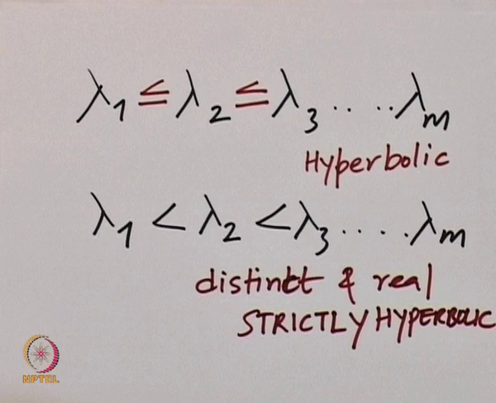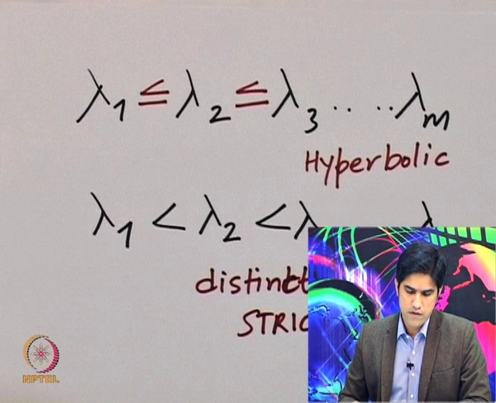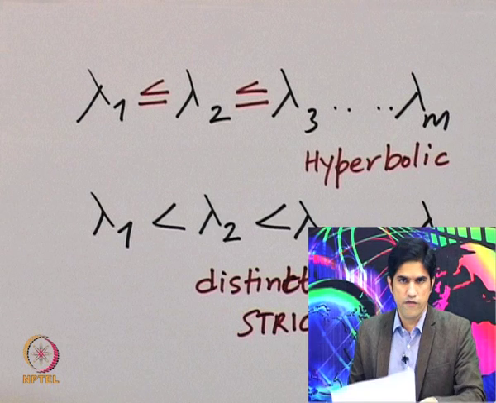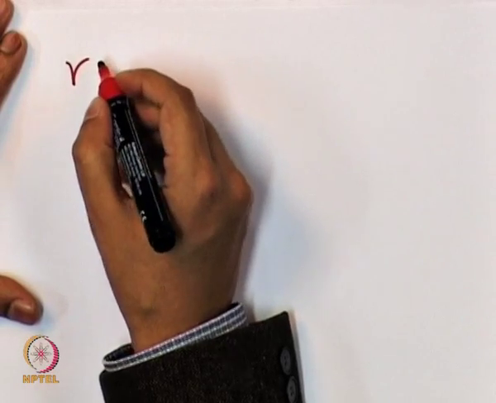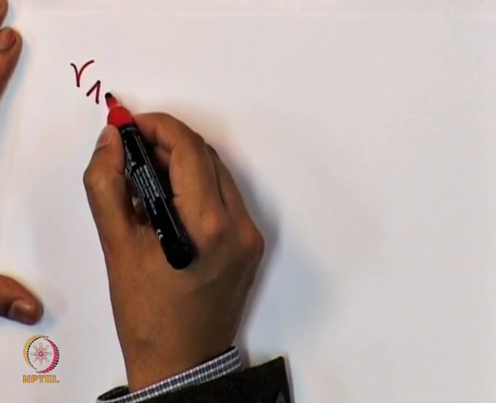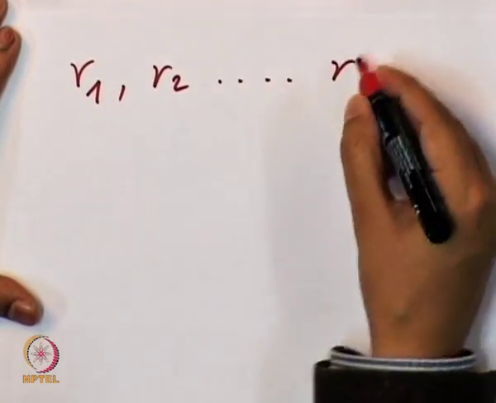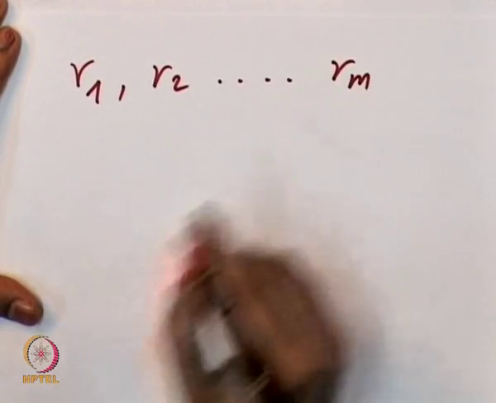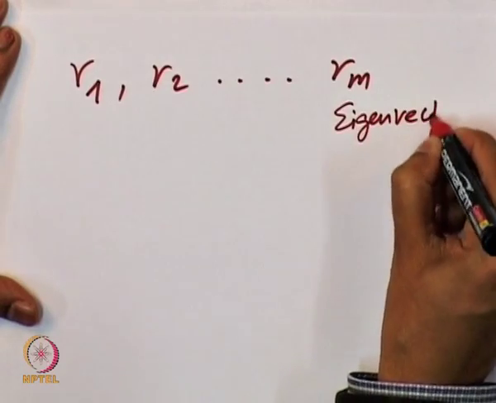We know from linear algebra that once we are talking about eigenvalues, there are also corresponding eigenvectors, and these eigenvectors are represented by the letter R, going from R1, R2 until Rm, and these are all the eigenvectors.